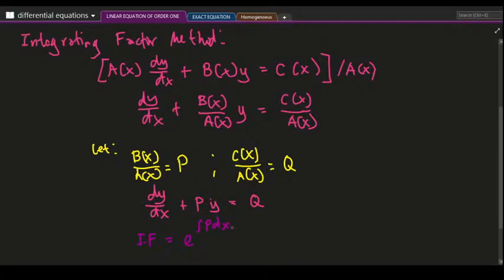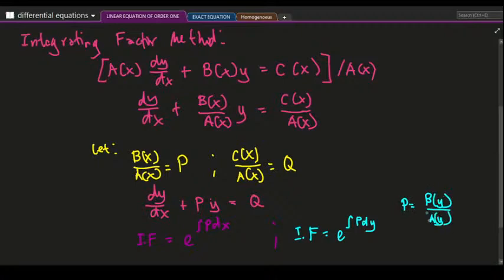Of course, if we have this in reverse, we could have our integrating factor in terms of y. So the integrating factor is e raised to the integral of p dy, wherein our p here is b of y over a of y.